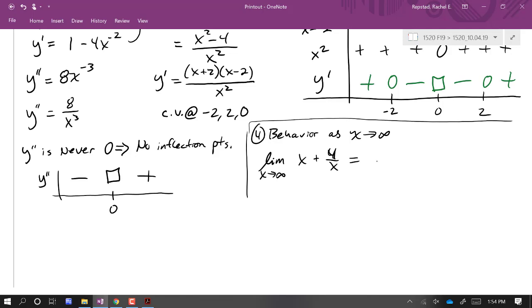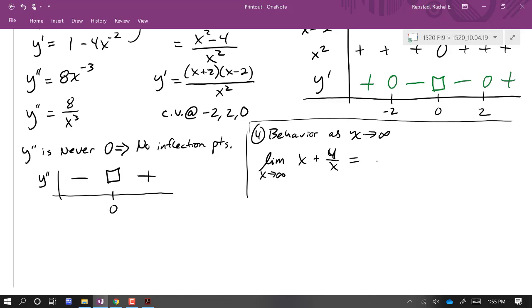So the takeaway from this observation is, since 4 over x approaches 0, the reason that this approaches infinity is because x approaches infinity, because of this term. And what that means is that as x gets huge, the behavior of the graph starts to approach the behavior of just y equals x. This part becomes insignificant, and this takes over entirely as x gets huge.